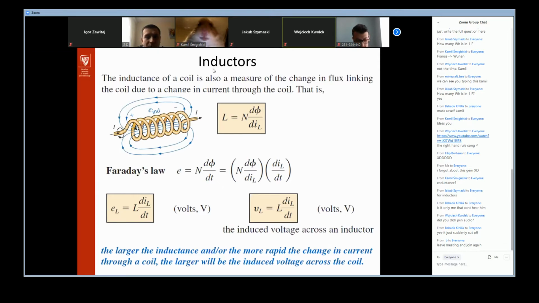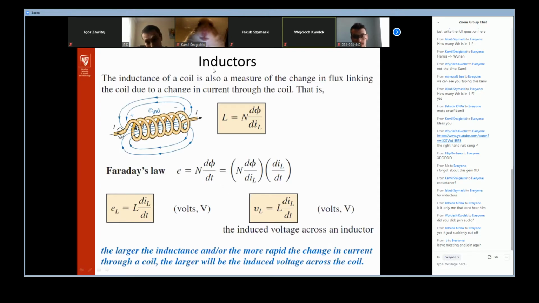So we've got two different effects here. If we have the current passing through the coil, we can produce the magnetic field around this coil.